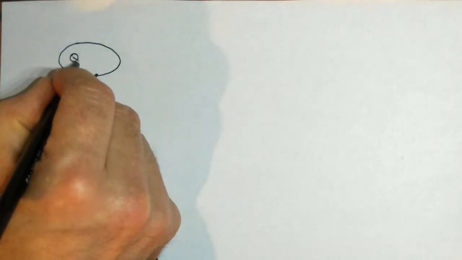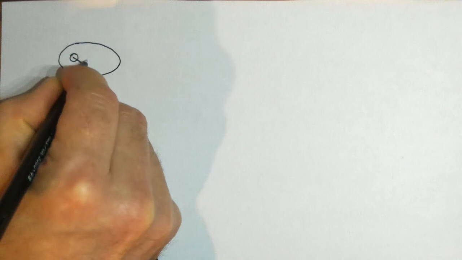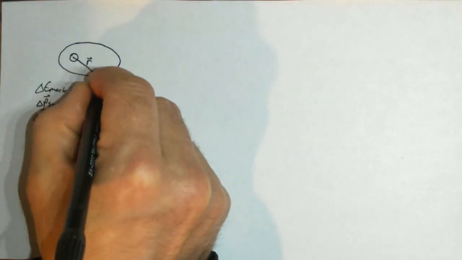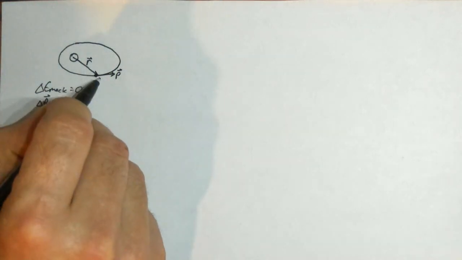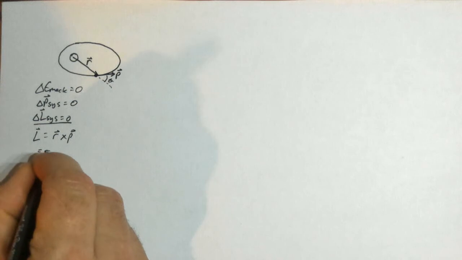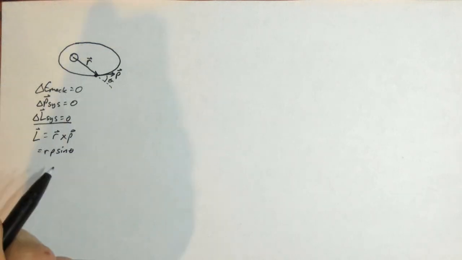So R would be that. Now P would be tangent to the trajectory because it's in the direction of the velocity. When I think about r cross p, I'd need this angle here. So this would be rp sine of that angle, and then a direction given by the right-hand rule.